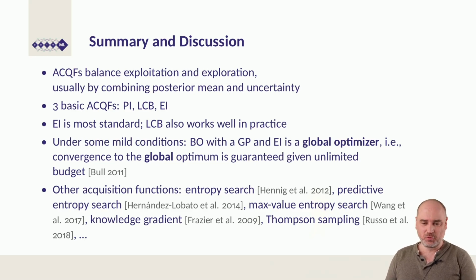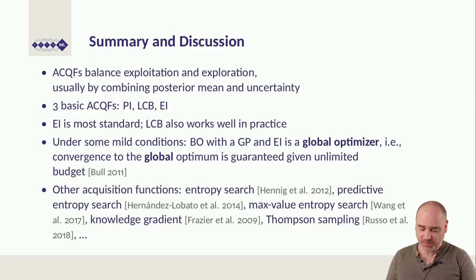That expected improvement is so popular is also due to some theoretical properties. Under some mild conditions, you can theoretically show that Bayesian optimization with the GP and EI is a global optimizer, so that it actually converges to the global optimum, or that convergence to the global optimum is guaranteed given an unlimited budget.